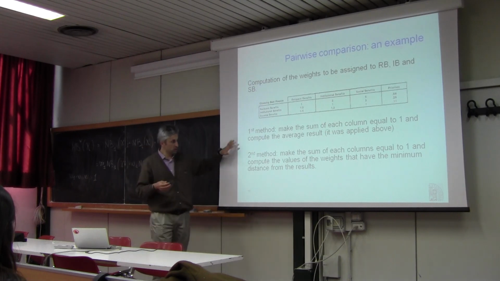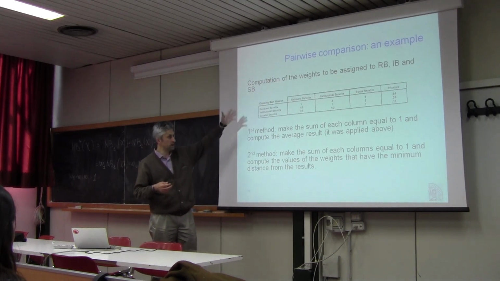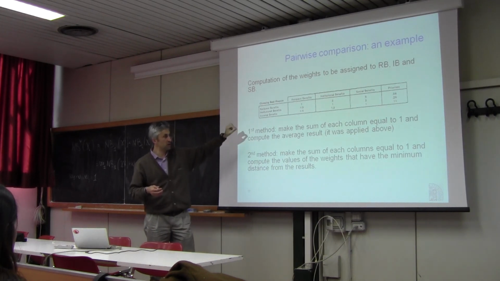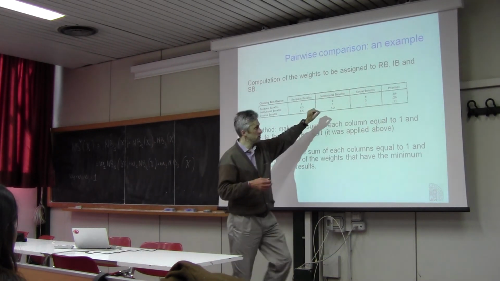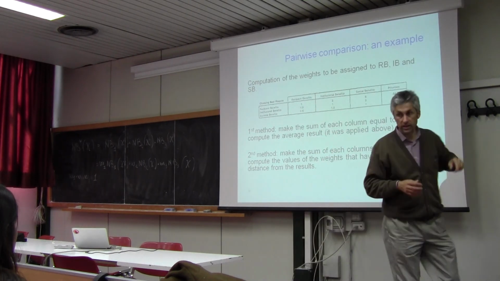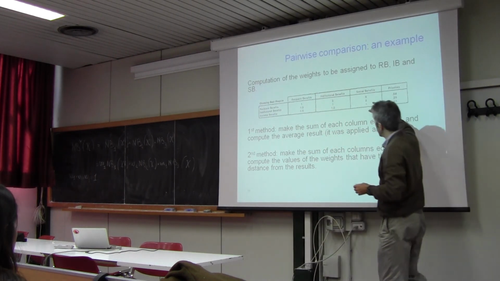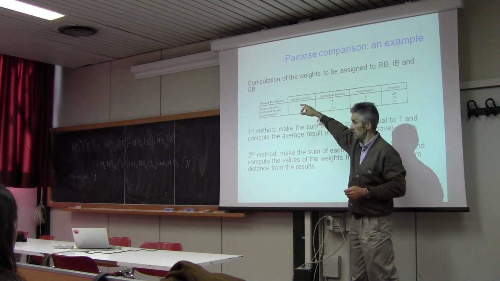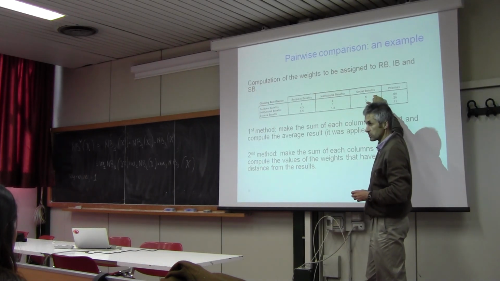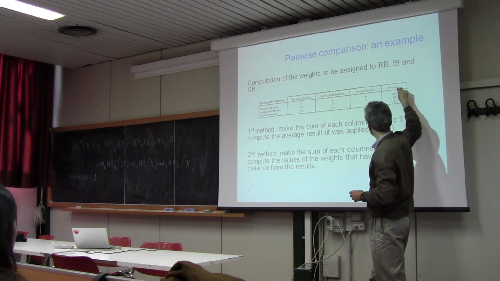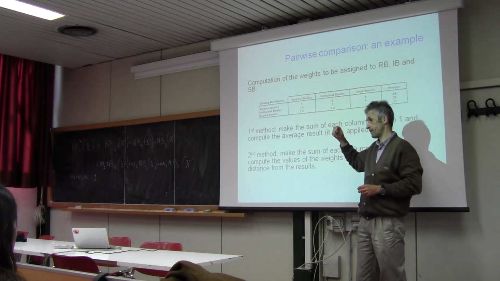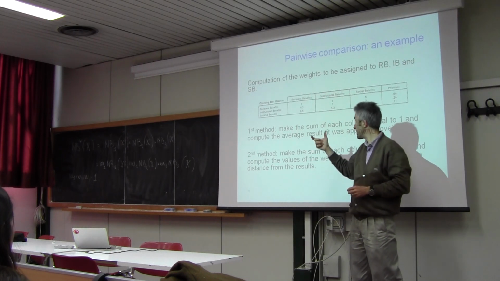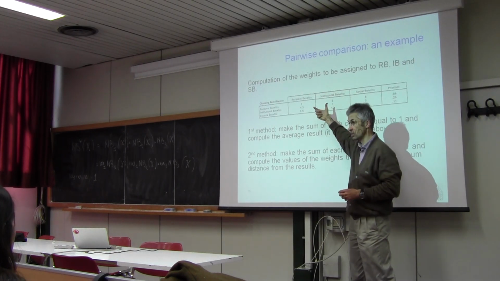And there is also a second method. You can rescale the columns like before, and instead of computing the average, you may find the value that has the least distance from the rescaled value in each column, because the average is just a way to compute a compromise value between three individuals' contributions.